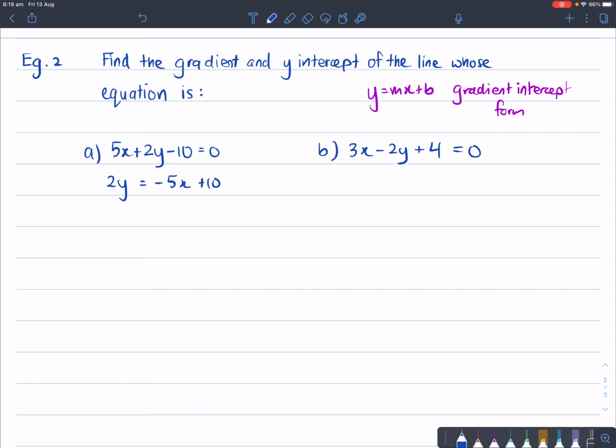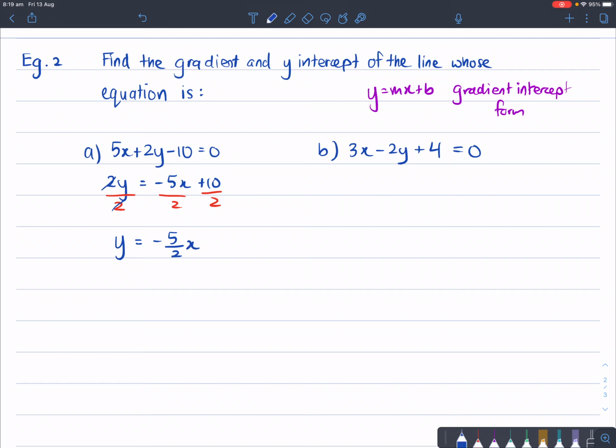Then what we've got to do is get rid of that 2, which is multiplied by the y. To do that, we will divide every term by the number 2. These 2's will cancel because they're the inverse operations of each other. So y is simply minus 5 on 2, and we can just take that x out a little bit and put that right here.